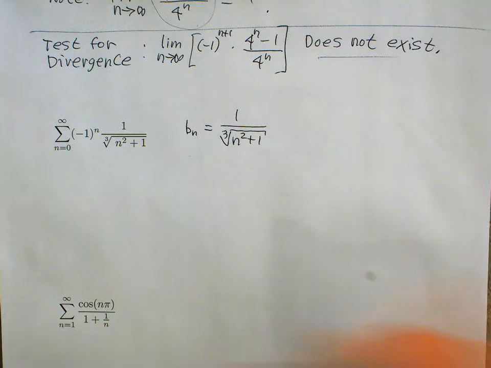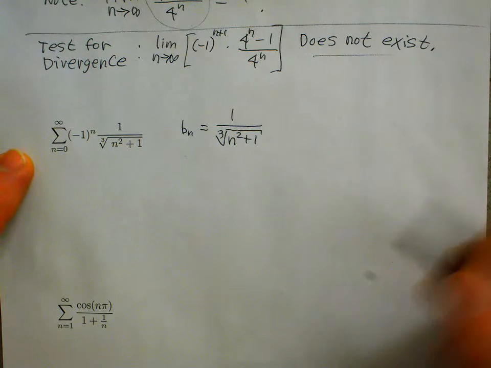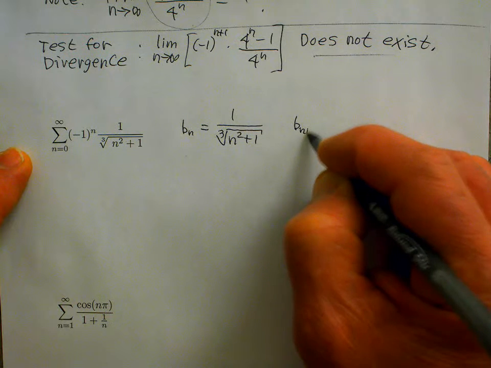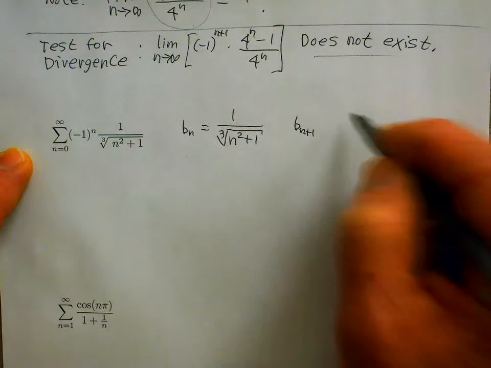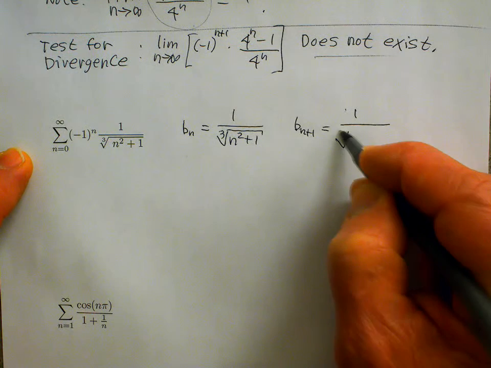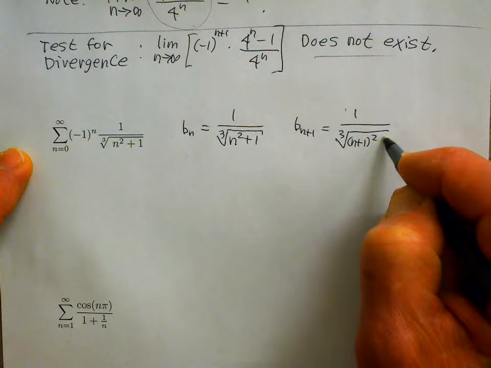So does this sequence decrease as n increases? So the next term after that is 1 over the cubed root of n plus 1 squared plus 1.